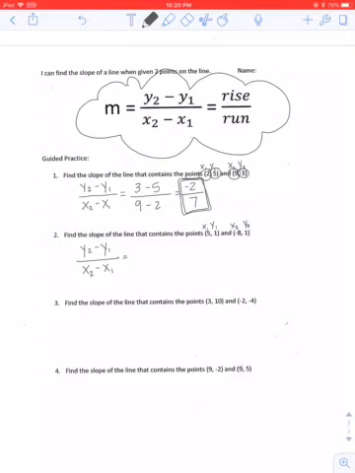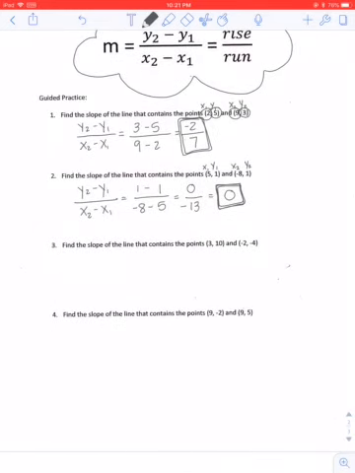So I'm going to do 1 minus 5 over negative 8 minus 5. Oh, I made a mistake there. That should be a 1. When I subtract those, I'm going to get 0 over negative 13. When I divide 0 by any number, I get 0, so this line would have a 0 slope.